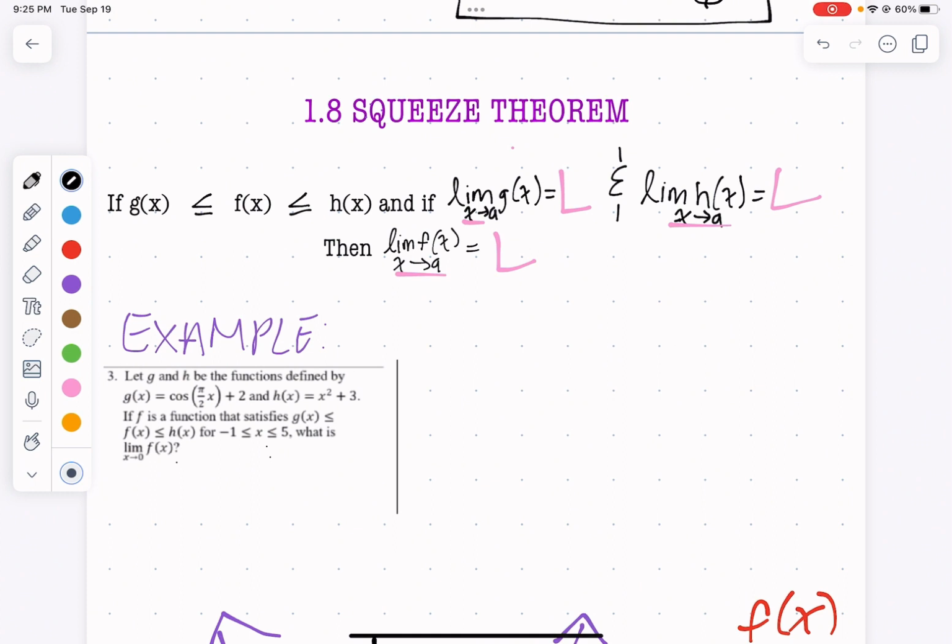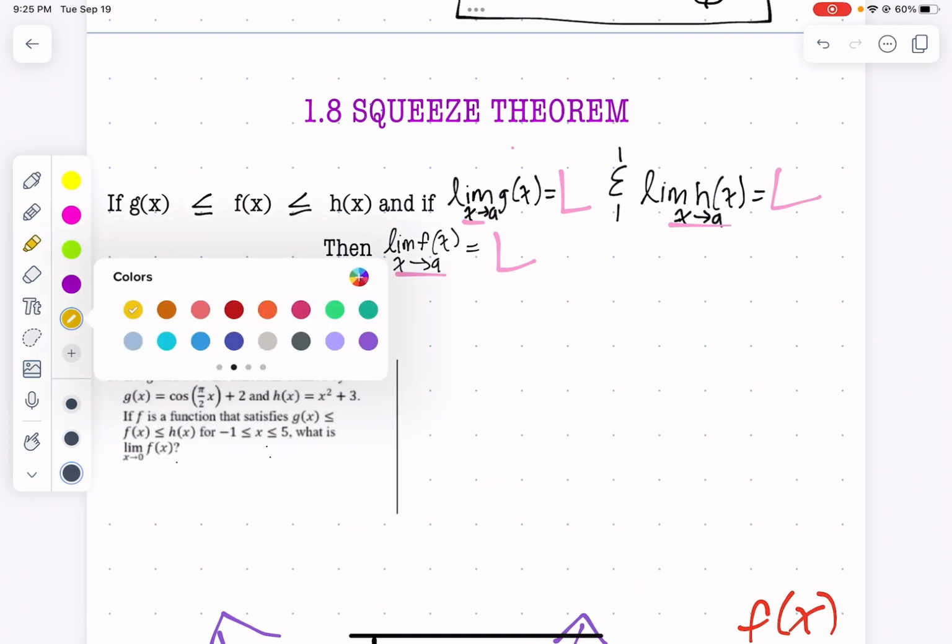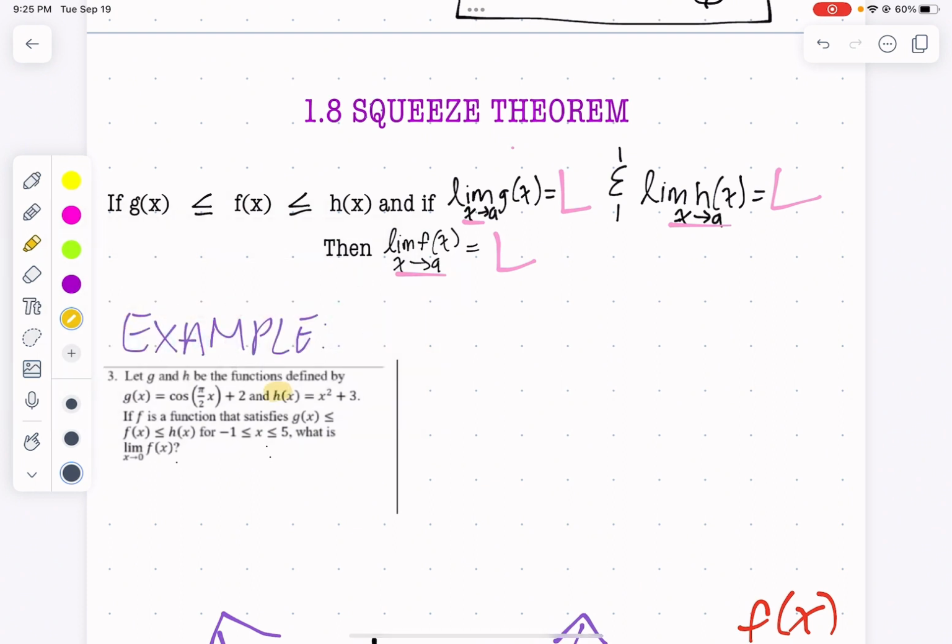If f is a function that satisfies g of x less than or equal to f of x, which is less than or equal to h of x, on the interval from negative 5 to 5, what is the limit as x approaches 0 of f of x?